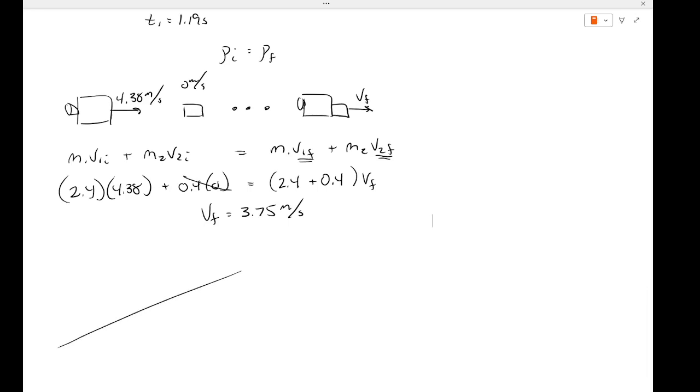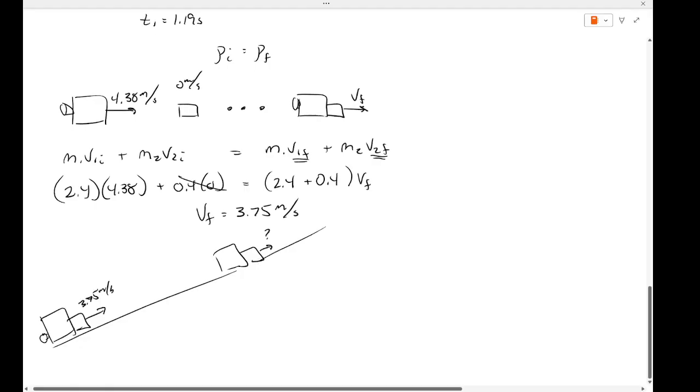Now this cart is traveling up the ramp. So we have this ramp problem here, and you have a cart system moving at 3.75 meters per second. It's going to get to the end, moving at some new velocity, when it becomes a projectile launched at an angle.